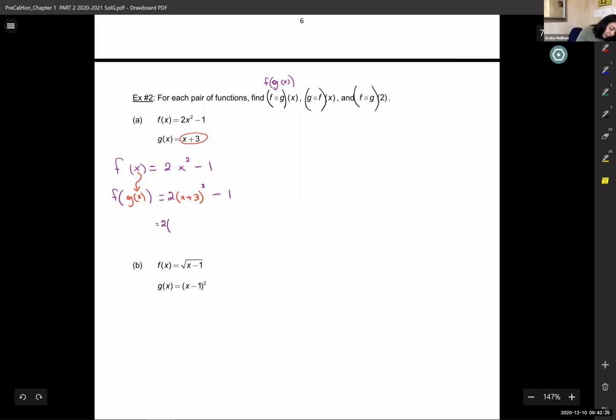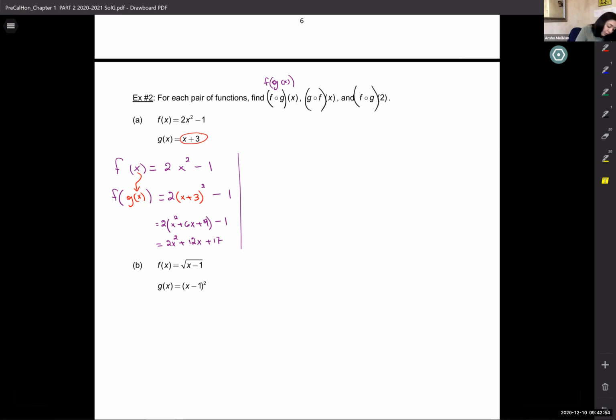So this will be 2 times x squared plus 6x plus 9, minus 1, which is 2x squared plus 12x plus 17. That's f of g of x. Okay, you guys okay with this?